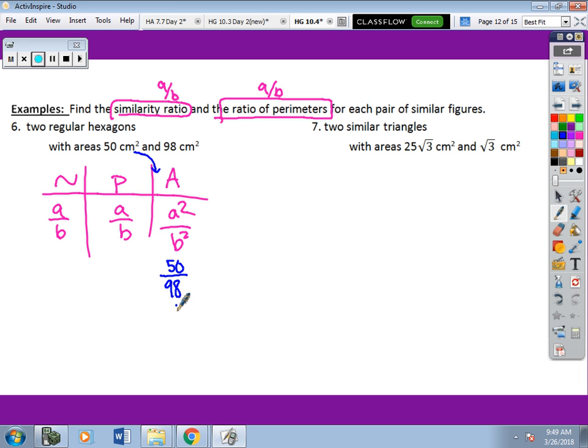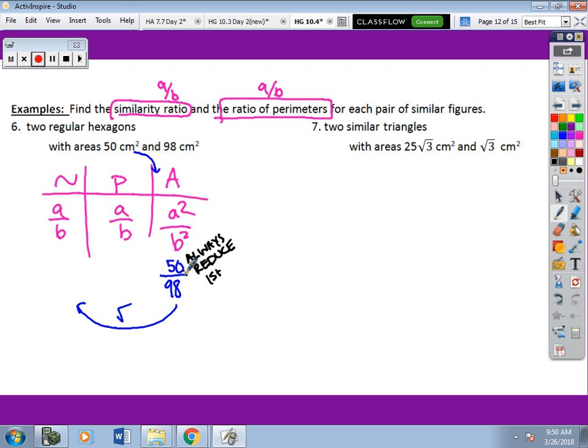Now to get backwards, we need to square root. The problem is I don't know what the square root of 50 is. So always try to reduce if possible.